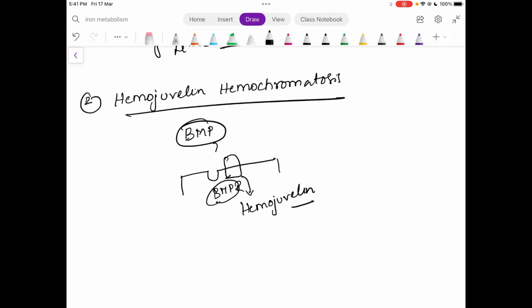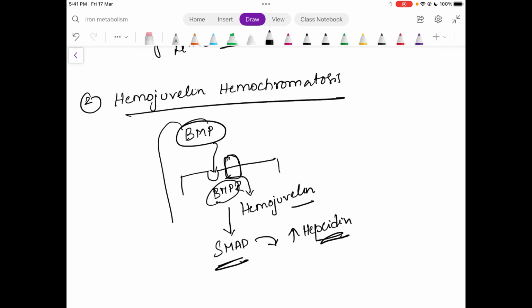This bone morphogenic protein will bind with the bone morphogenic receptor along with the co-receptor and causes activation of SMAD protein. This SMAD protein will cause increased hepcidin. This is the normal process.